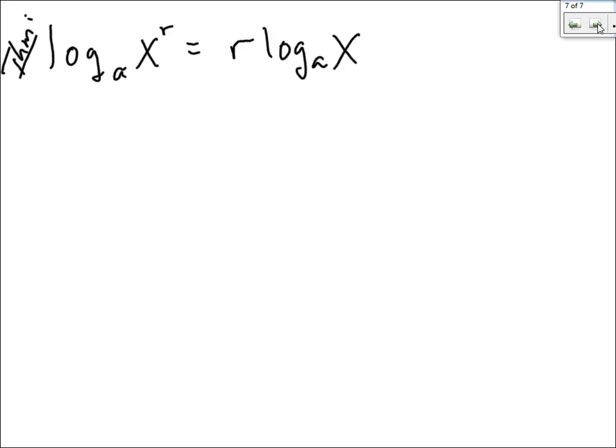Let's do one more. Want to show that, theorem or fact, log base a of x to the r is r log base a of x. I guess you can do this by induction, but we won't do that.